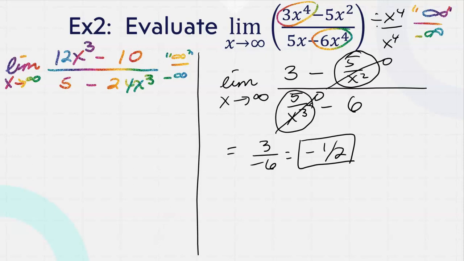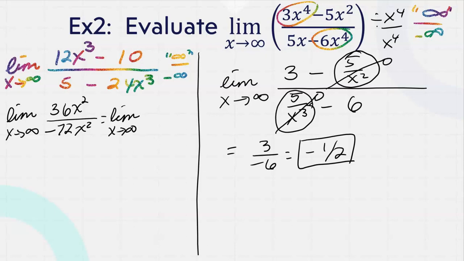So then we will have the limit as x goes to infinity of 36x squared on the numerator, and we don't need the fraction to be that long. And on the denominator, 2 times negative 24 would be negative 72x squared, right? And when we reduce, 36 goes into 72 twice.